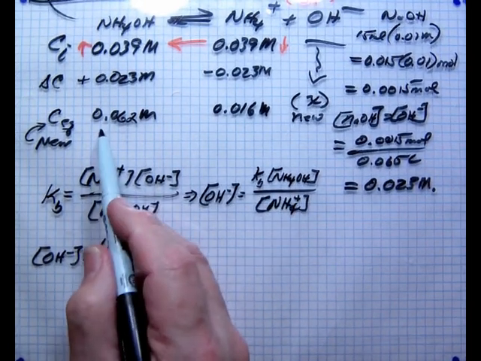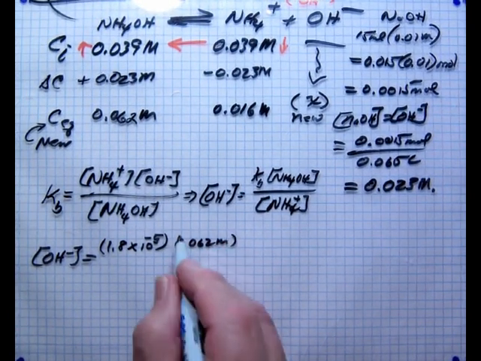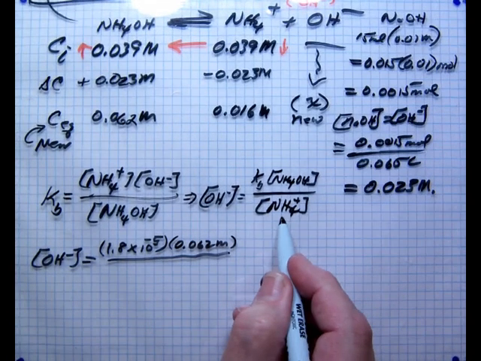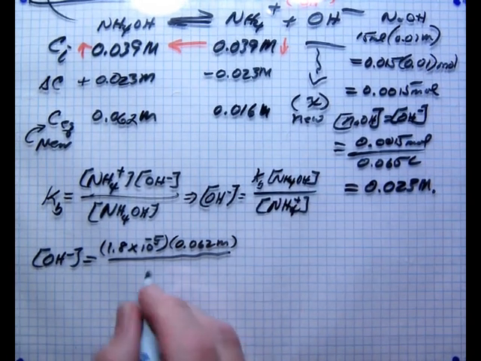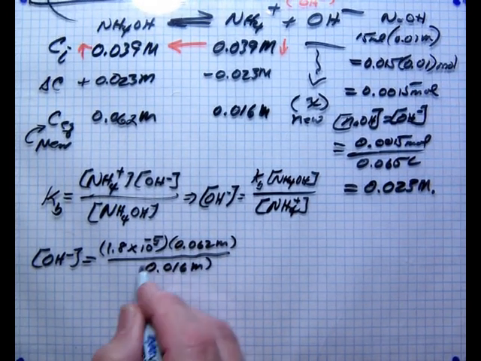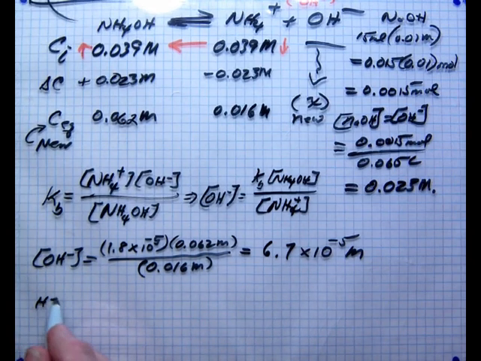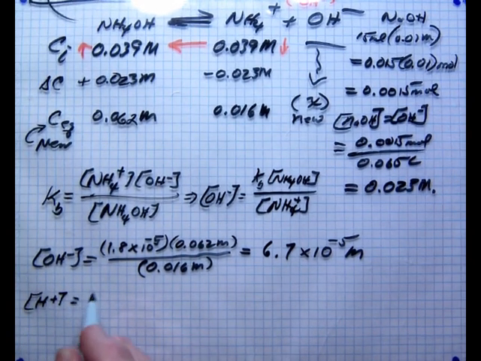The ammonium hydroxide is now 0.062 molar divided by the salt or the ammonium concentration of 0.016 molar, giving 6.7 times 10 to the minus 5. And so from here, you could use the Kw expression for water and then divide this into 10 to the minus 14 and get your hydronium ion concentration if you wanted to do that, or just take the log of it.